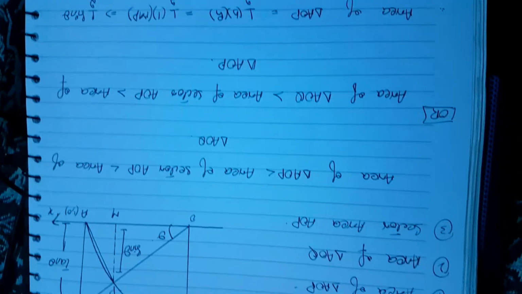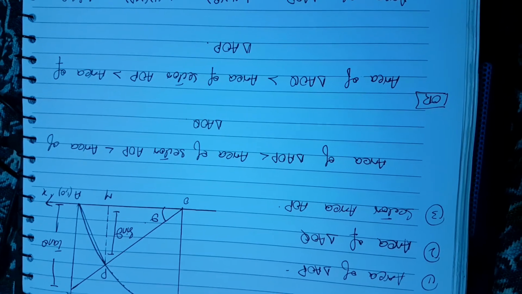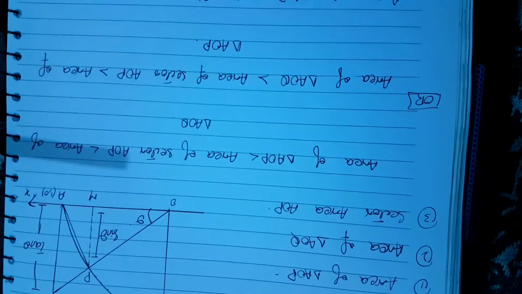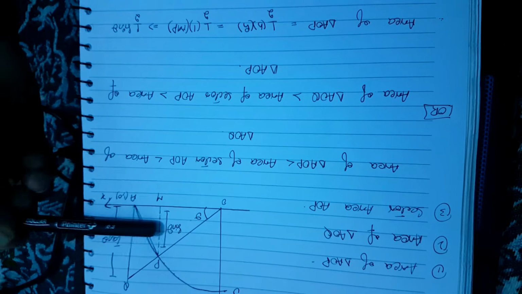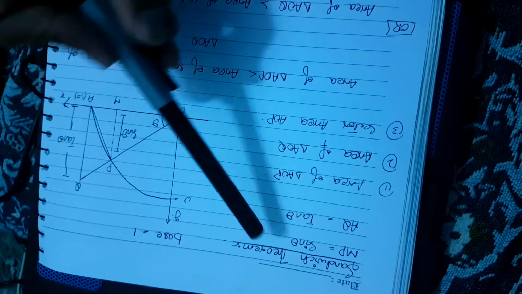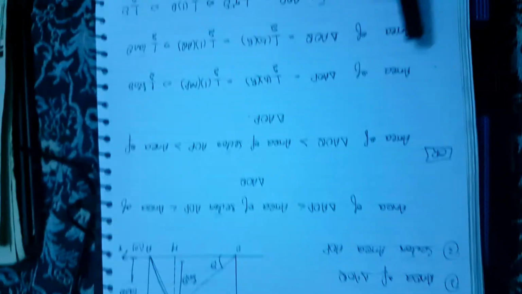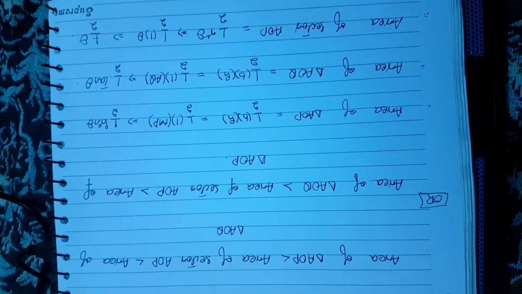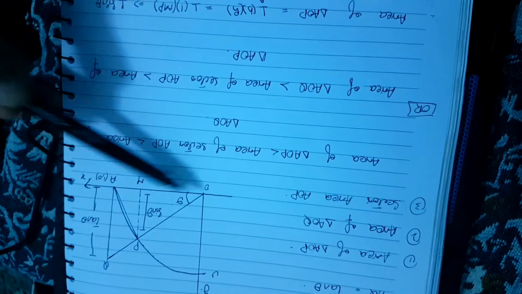Since it is a circle, to find the height we draw a perpendicular, so the height is sine theta, that is MP equals sine theta. Therefore the area of triangle AOP becomes half of sine theta.